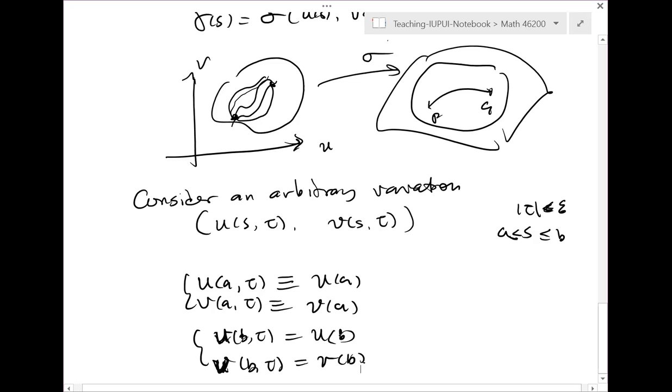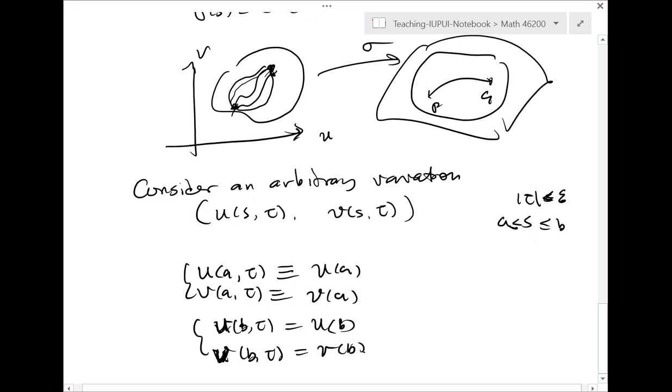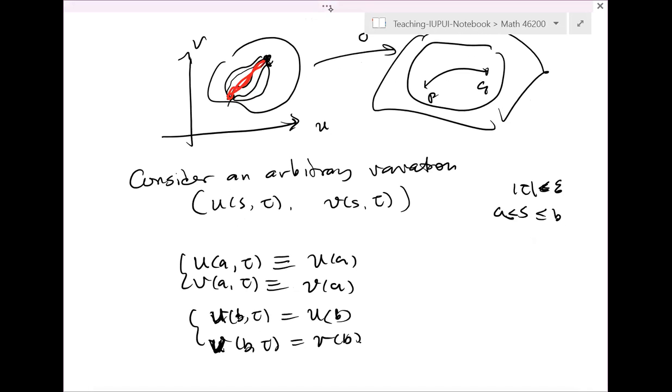That means they are independent of tau. In the picture, this is my original curve, and you have a family of curves among them. Over here on the surface, the corresponding curves start from P and go to Q.